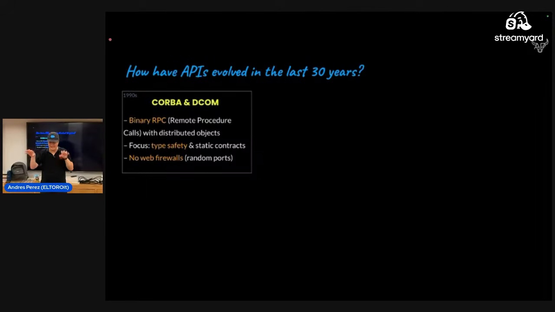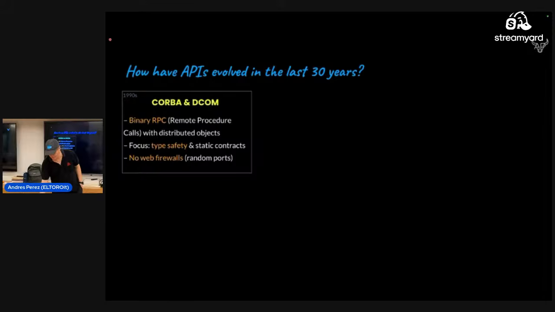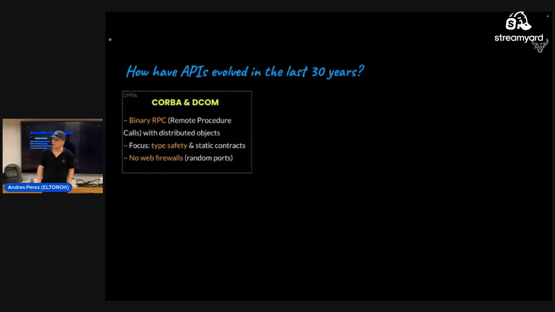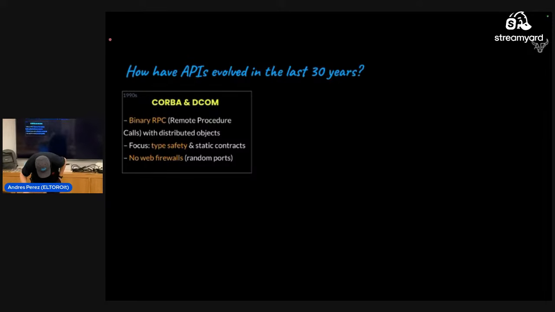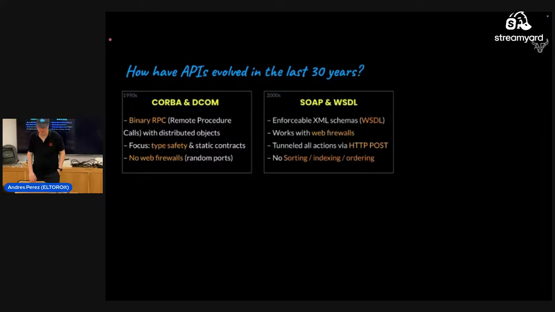Anything happening on either of the two sides, it was very fragile, and it did not work with HTTP because it would not go through the firewall ports. Every port was a random port. So it was not port 8443, all that stuff. That was not there yet. That was back in the 1990s.